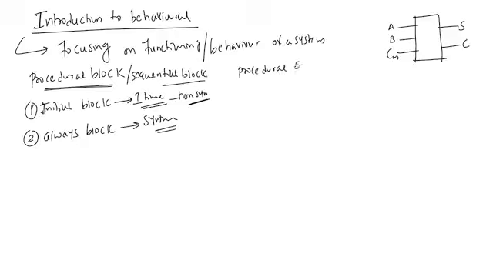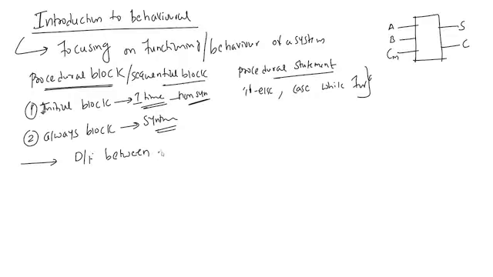What are the procedural statements? Like in C, we are using if else. In behavioral modeling, we are using if else, case, while, for loop. These are nothing but procedural statements. What is the difference between a software language and HDL?